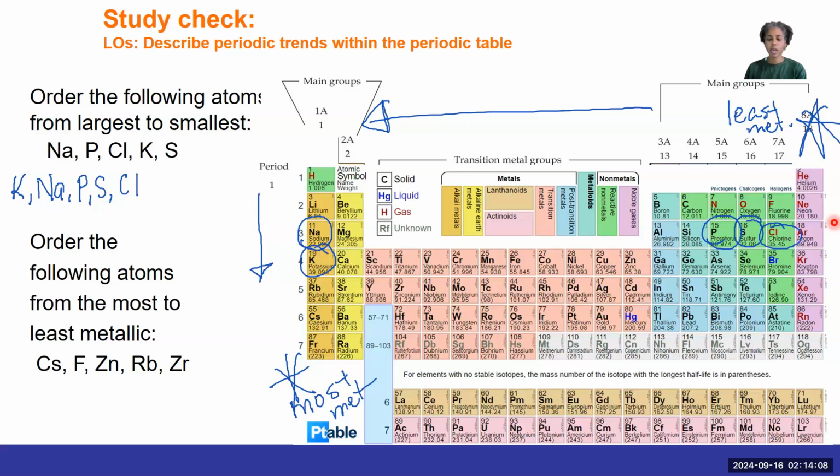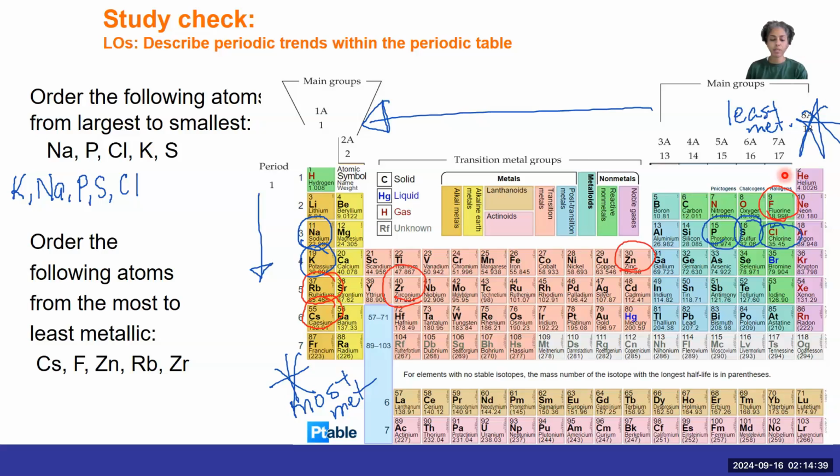So we are looking at cesium, fluorine, zinc, rubidium, and zirconium. And so if we're going from most to least metallic, we are going to go once again from bottom to top. So where would we start?